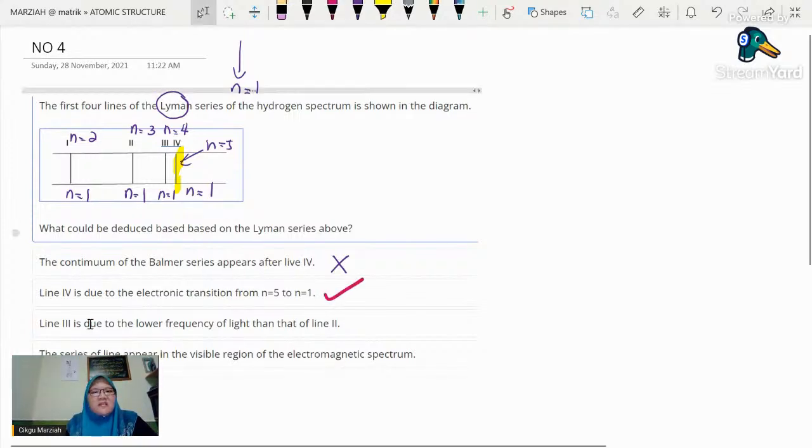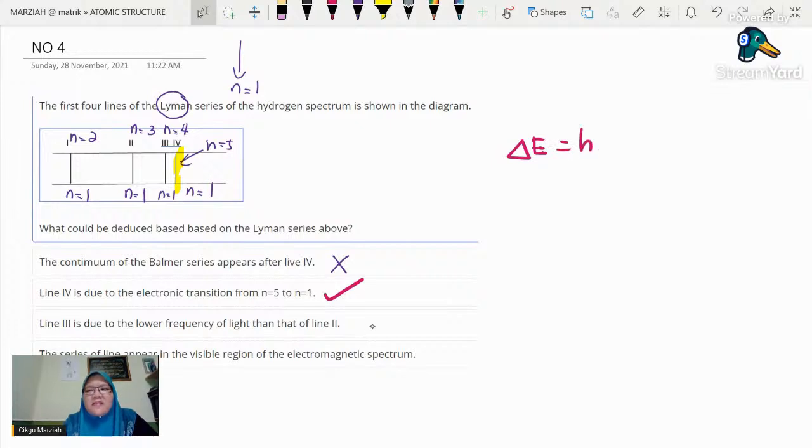Line number 3 is due to the lower frequency of light than that of line number 2. Okay, kita tengok. Delta E sama dengan hc over lambda. And we know that c over lambda sama dengan frekuensi. Based on that, kita boleh kata delta E sama dengan h frekuensi.